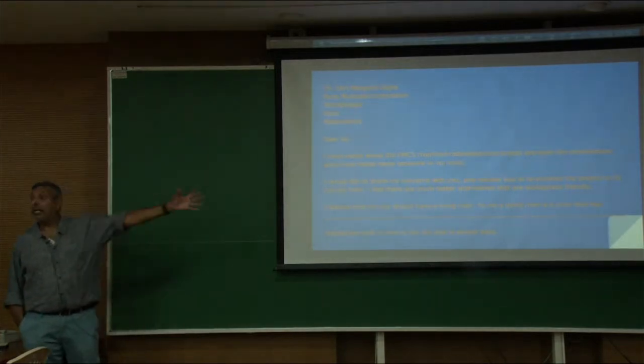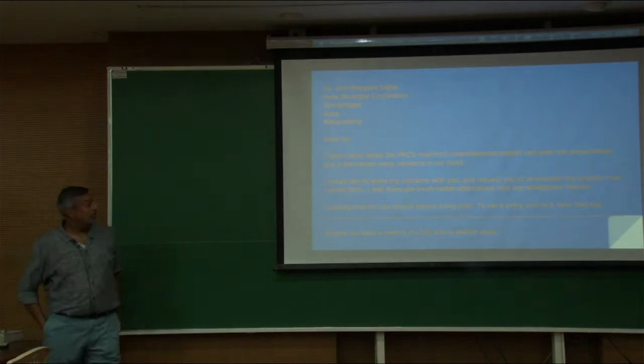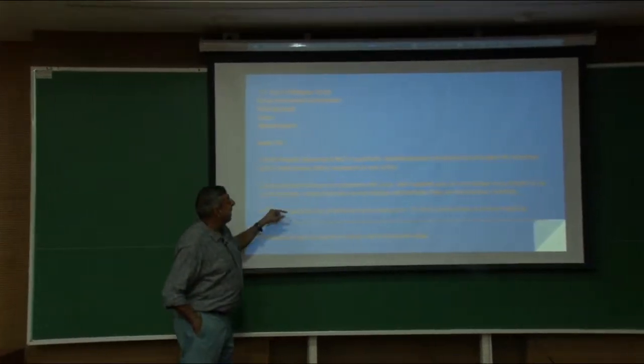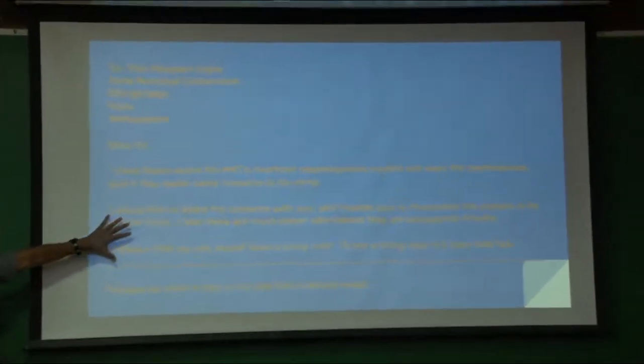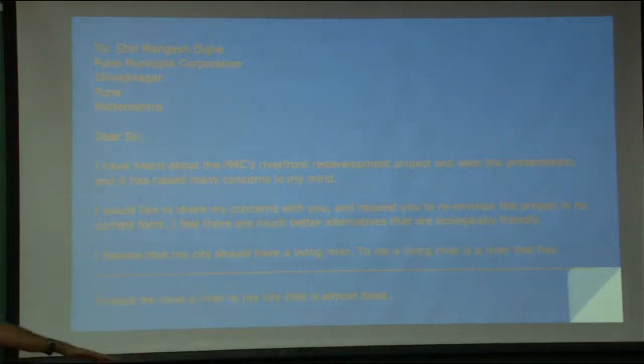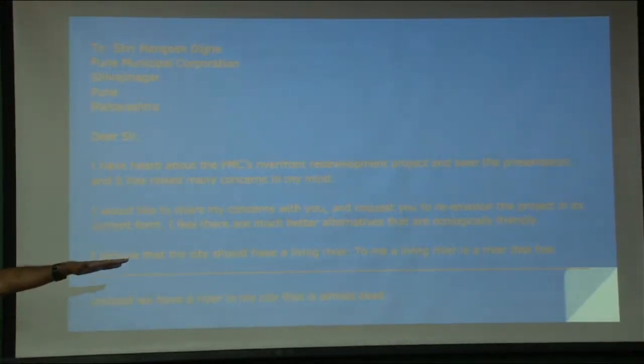Write a letter. So the formal part, we all kind of agreed on together. I drafted this, but I left parts of the letter blank for them to put their own thoughts about, I believe my city should have a living river. What does that mean to me?